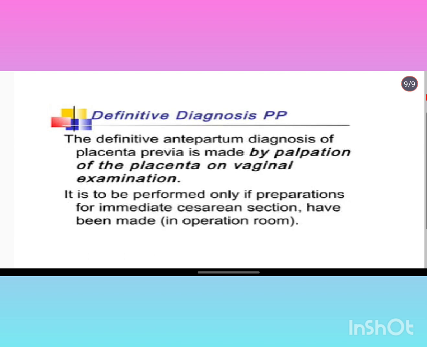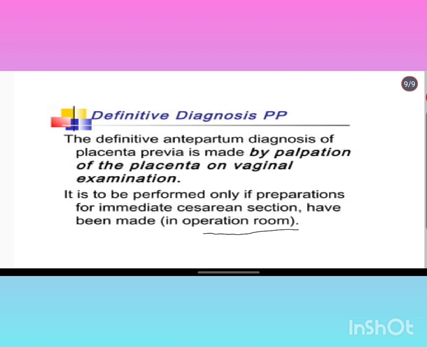The next one is the definitive diagnosis of placenta previa. Usually the definitive method of diagnosis is palpation of the placenta on vaginal examination. But one condition is that the vaginal examination should be performed only in the operation room, because it may suddenly cause separation of the placenta, resulting in heavy bleeding and risk to the fetus.